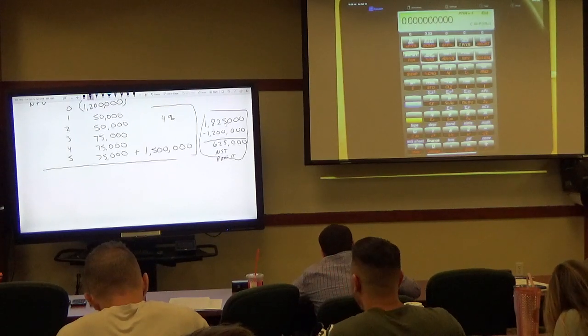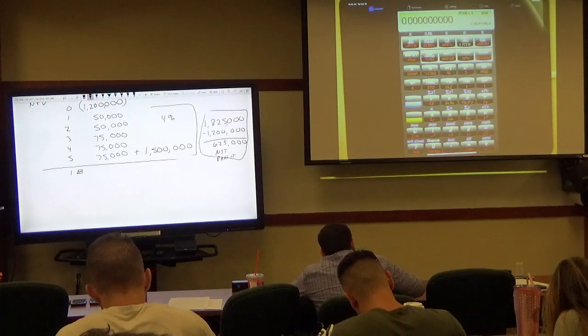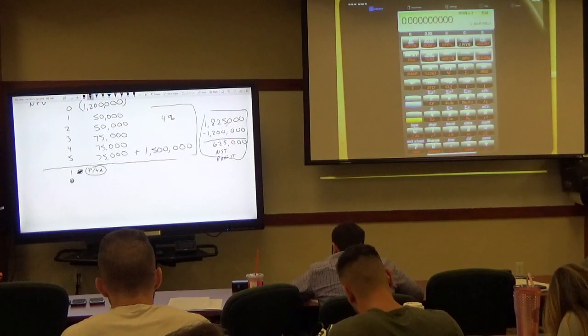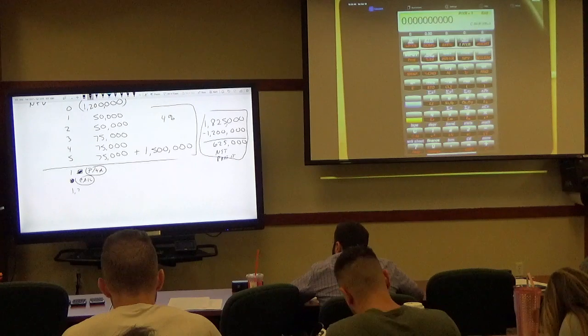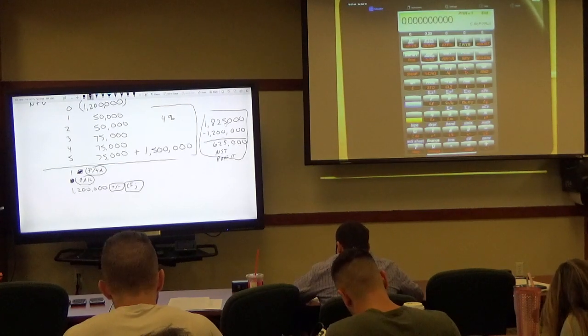So, putting this on the calculator, much like the previous problem, one payment per year. Clear everything out. Then you're going to put in $1,200,000 as a negative, or change the sign, cash flow.